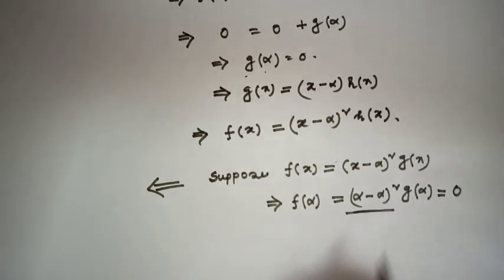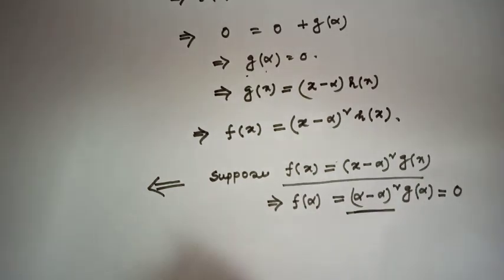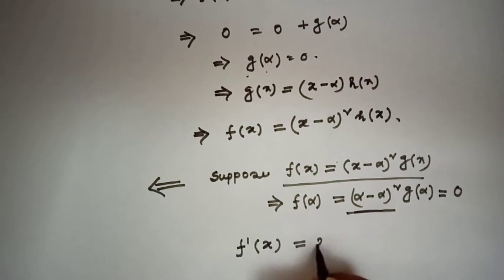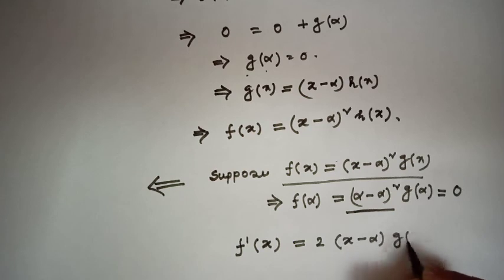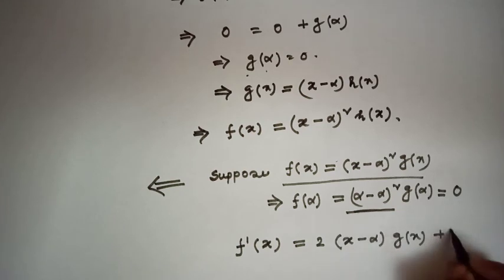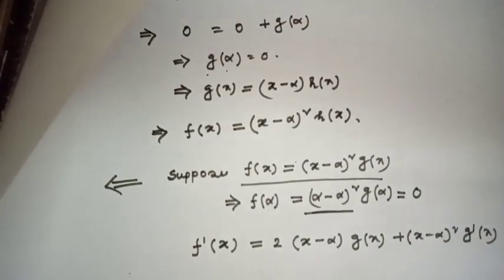Since this is equal to 0, if I differentiate this, then f prime(x) equals 2(x minus alpha) times g(x) plus (x minus alpha) squared times g prime(x).